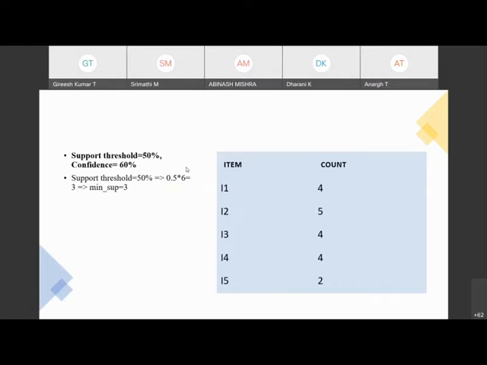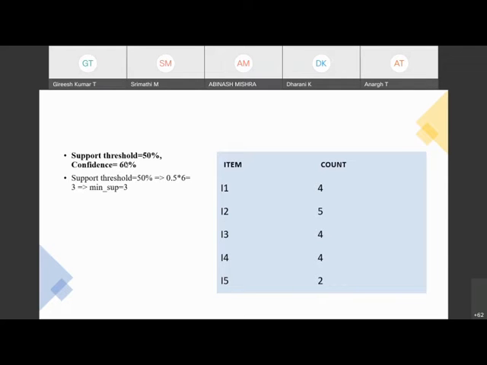The support threshold is 50% of 6 transactions, that is 3. So we fixed the minimum support as 3 and confidence as 60%.